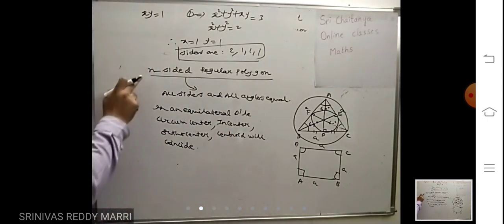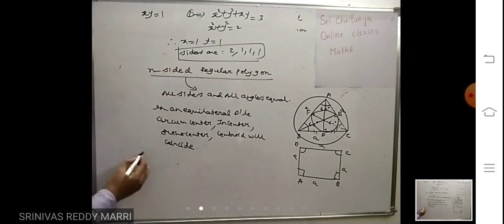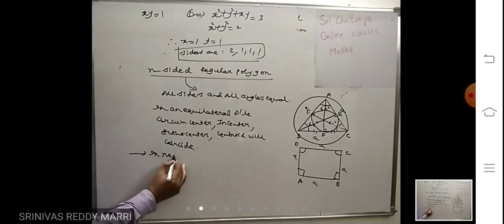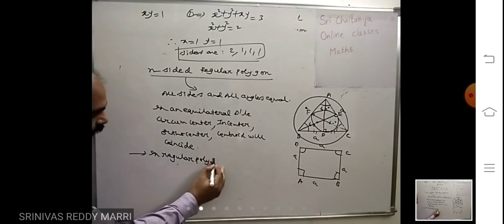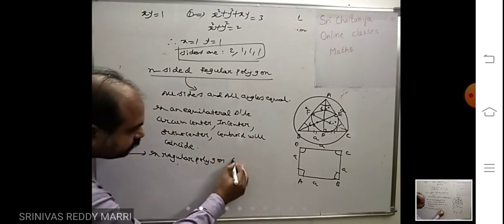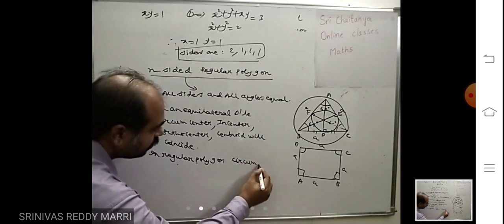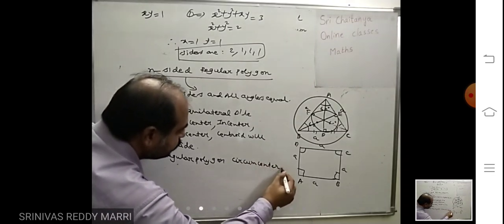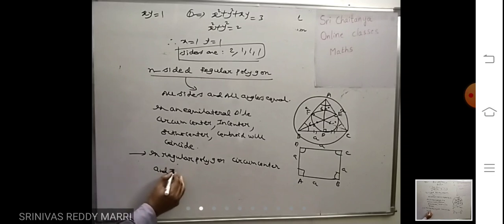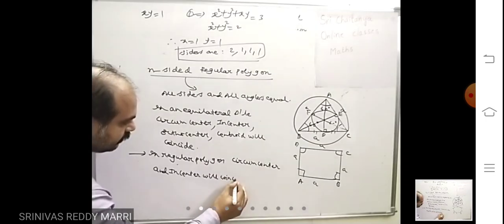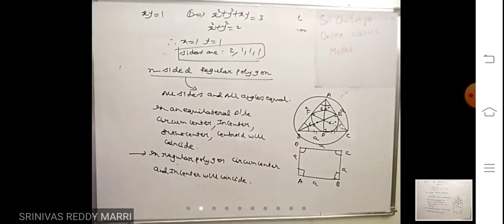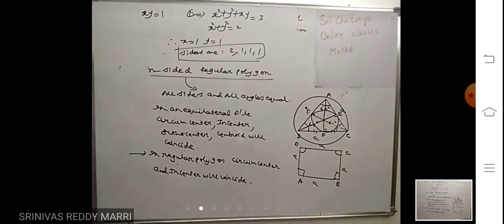In a regular polygon also, the circumcenter and incenter will coincide. They are the same, just like in an equilateral triangle.